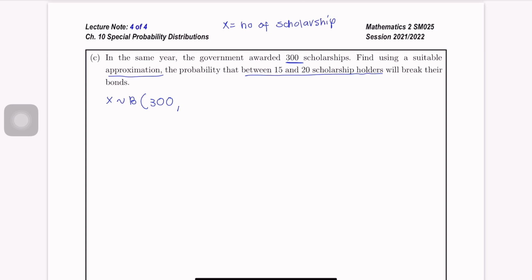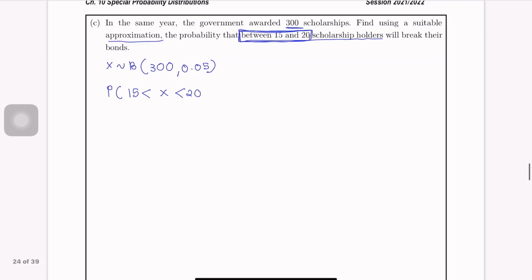And what is our p? p is 0.05. Then we need to find x between 15 and 20. Remember, if you have between, we don't have an equal sign, just less than. So we will use normal approximation.